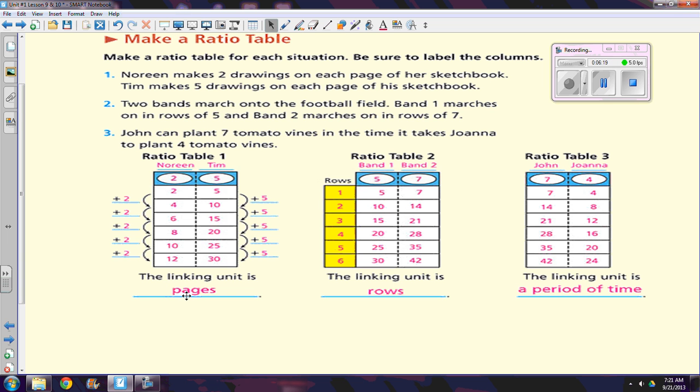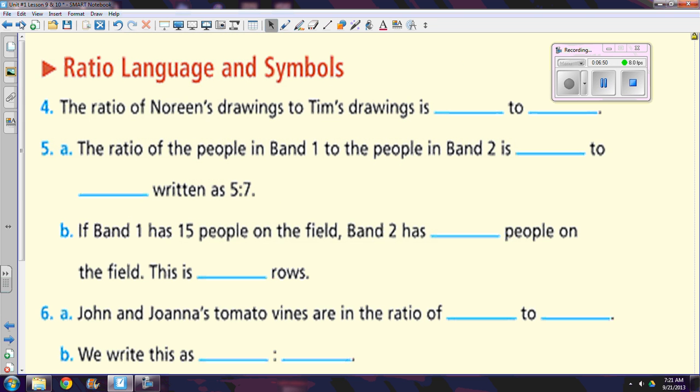So here you go, pages, rows, and in the third one you have John and Joanna, 7 to 4, and then the linking unit is a period of time, because if you look at number 3, it says John can plant 7 tomato vines in the time it takes Joanna to plant 4 tomato vines. So your linking unit is a period of time. All right, let's go ahead and move on.